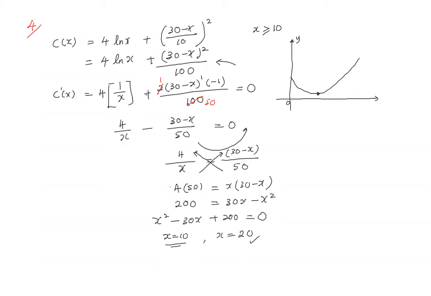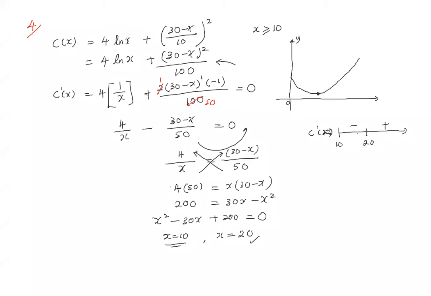minimize the cost, correct? So you put your C prime X, the sign diagram from 10 onward. Then you put the 20 here. They say minimum cost. So here will be minus and here will be plus. So they say how many cattle should be manufactured.